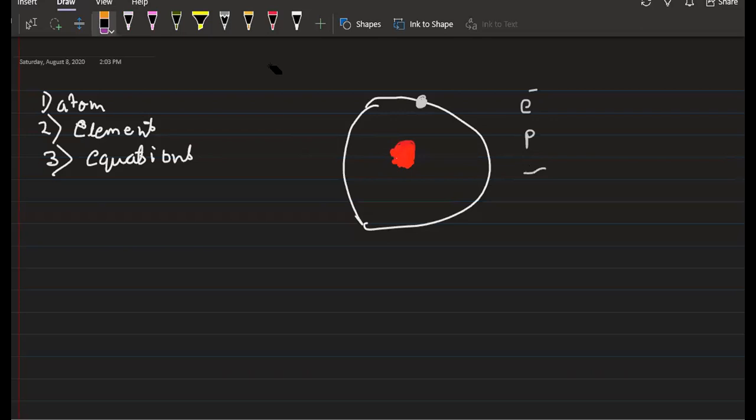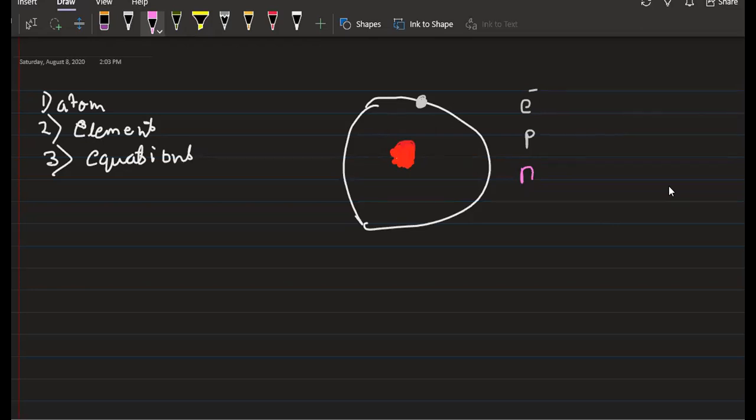Electron, proton, and neutron are called subatomic particles, because these are the particles which exist inside the atom.